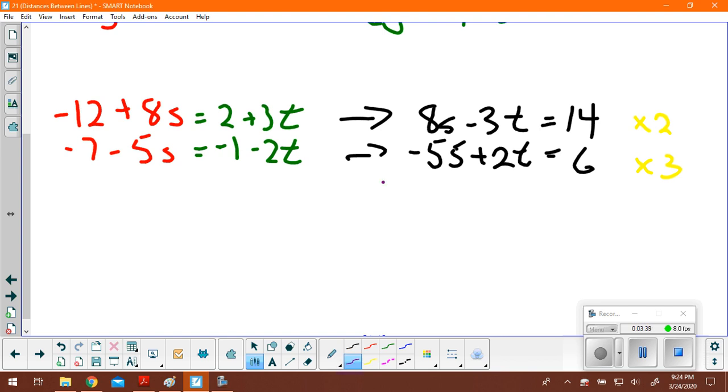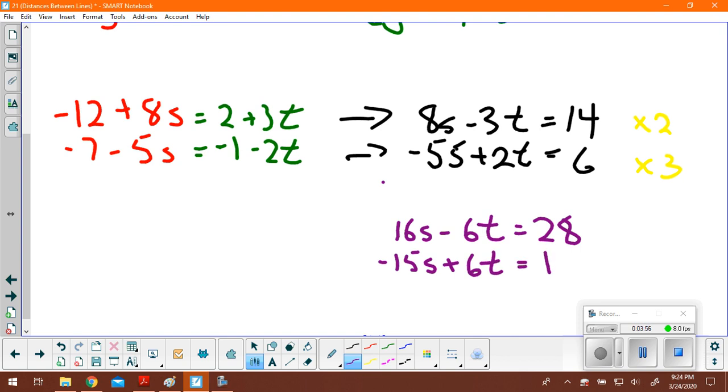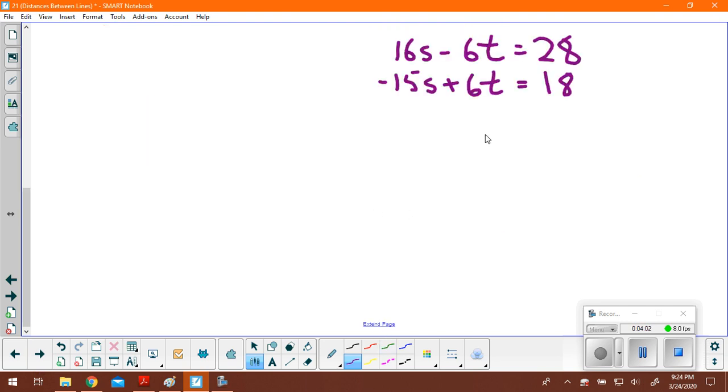So my first equation becomes 16s minus 6t is equal to 28, and my second equation becomes -15s plus 6t is equal to 18.